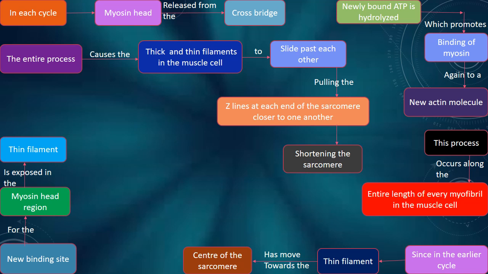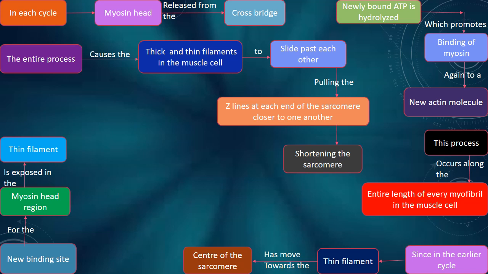This process occurs along the entire length of every myofibril in the muscle cell. Since in the earlier cycle the thin filament has moved towards the center of the sarcomere, a new binding site for the myosin head region is exposed on the thin filament.